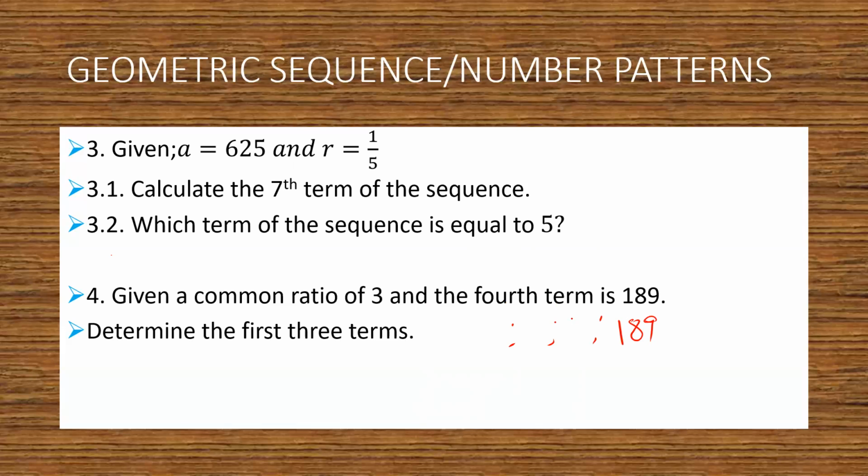And what did you get? 189 divided by 3, I got 63 for the third term. Yes. And the second term? 21 for the second term and 7 for the first term. Yes.